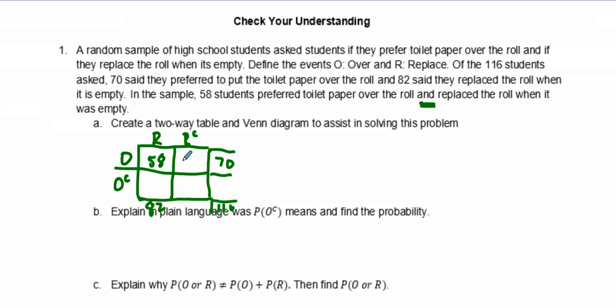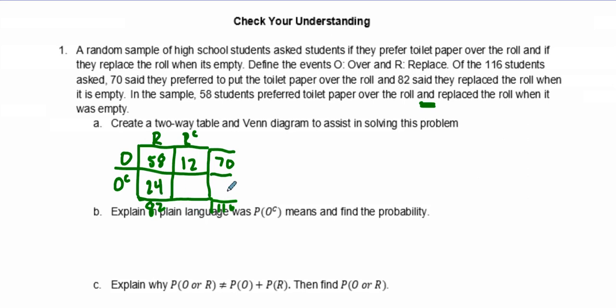So to fill this other part, we take 70 minus 58, which equals 12. Those who liked it over the roll and do not replace were 12. Over here, we have 82, so we can figure this one out by taking 82 minus 58, and we have 24.